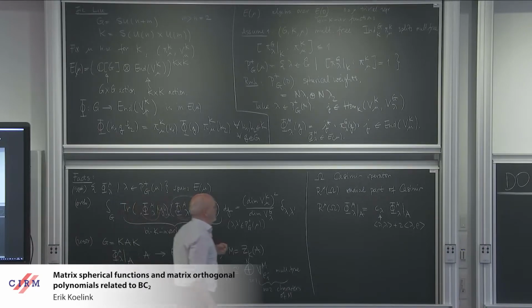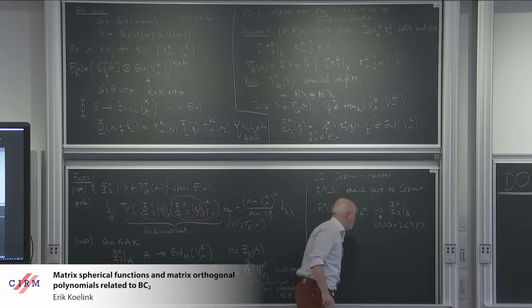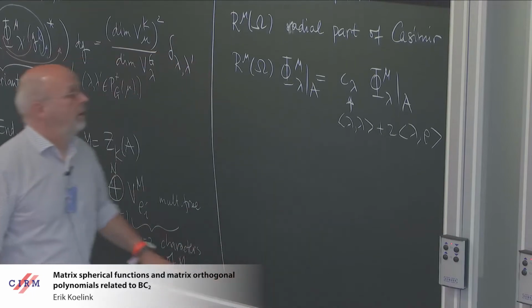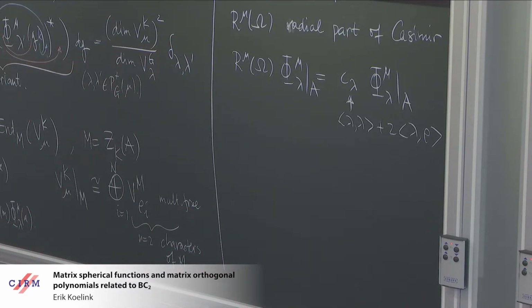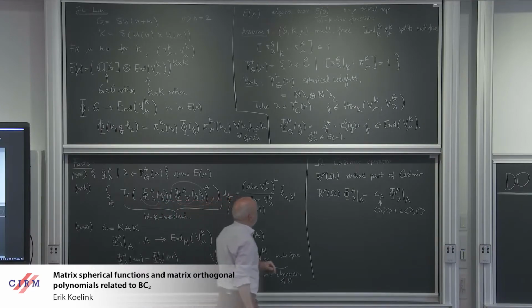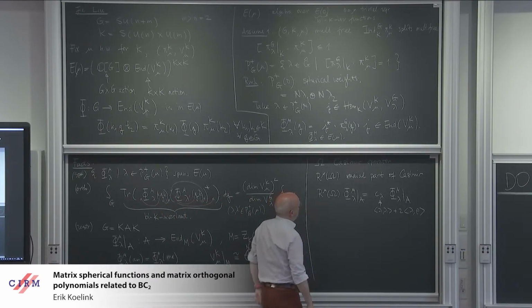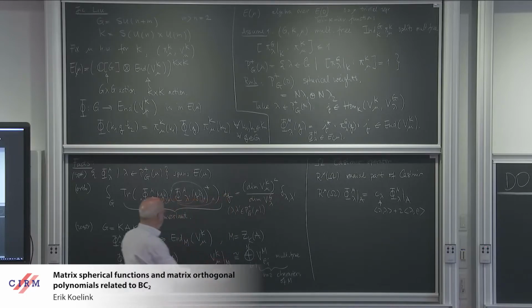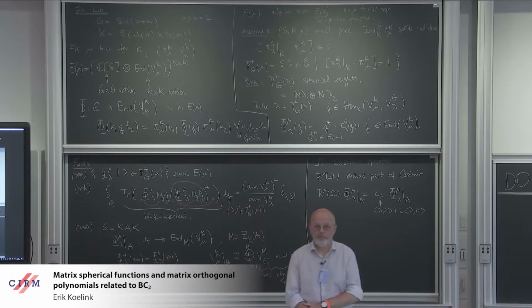Where, of course, this is the inner product you have to take on the dominant weights, on the weights. So this is also what we have. And most of it here holds in the general setting. Okay?